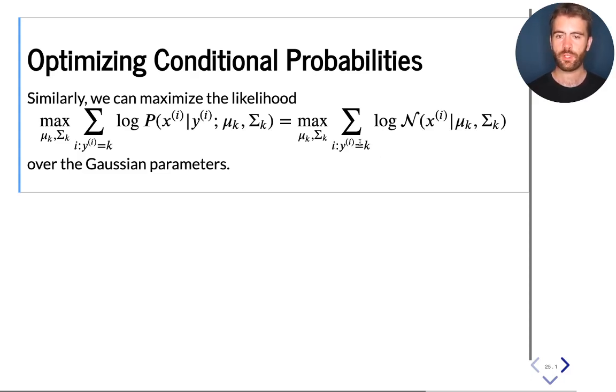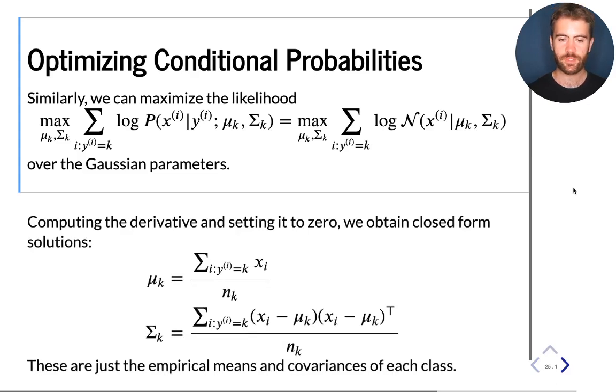So in other words, we only restrict ourselves to the subset of the training data that has class k, and we want to fit a Gaussian to this data. Well, obviously, the Gaussian that will fit this data best is going to have as mean the average value of xi, and the covariance is simply going to be the covariance of this data.